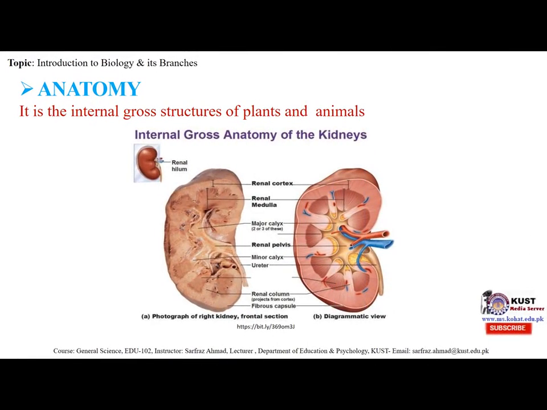The next branch is anatomy. It is the internal gross structure of plants and animals. Anatomy is the identification and description of the structure of living things. It is a branch of biology and medicine.